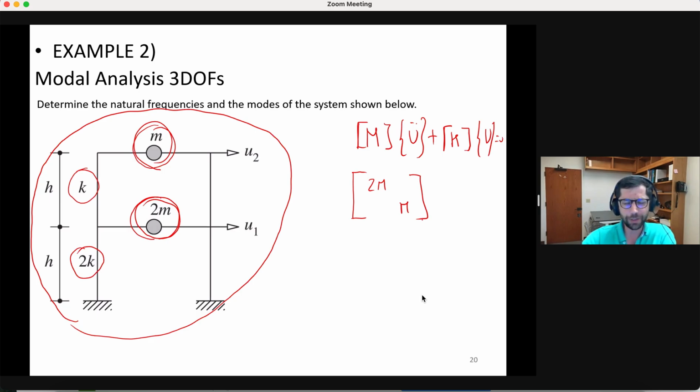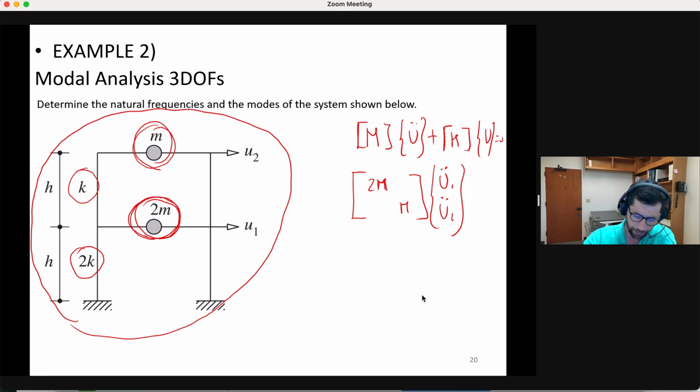Well, because this is a shear type building, meaning in this case, as we have seen before, I can write the mass matrix simply by listing the values of the masses starting from the ground level and moving up to the roof of the structure. In the same way, I can write the acceleration vector. This is u double dot 1 and this is u double dot 2, okay? Now what I need to do is to write the stiffness matrix of the system.